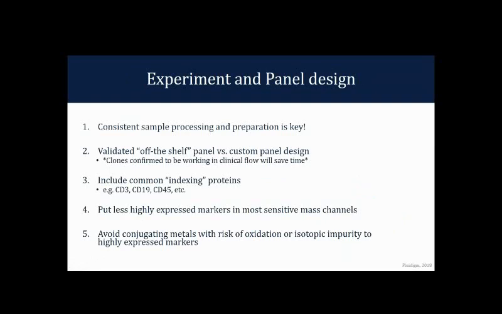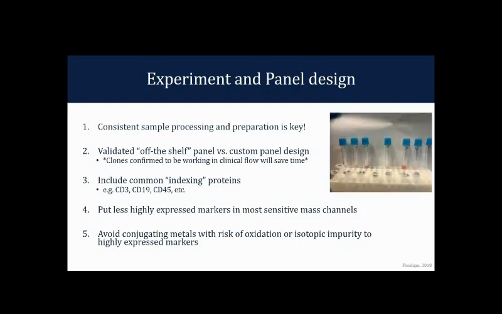So something that I've recently started to really emphasize when planning experiments with people, especially with clinical samples, is the need to have consistent sample processing. The preparation of these samples is very key. So you can see here that this is a sample that we recently received.